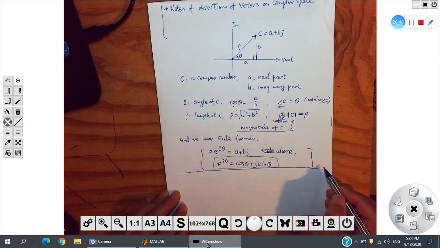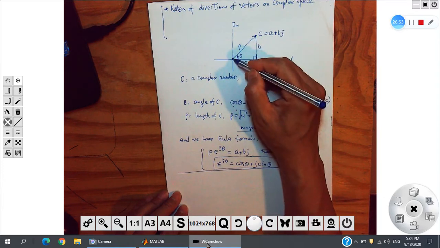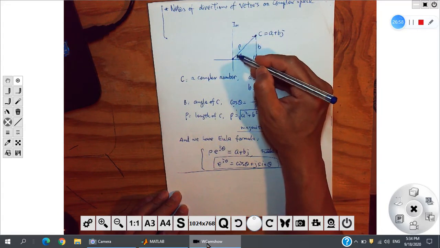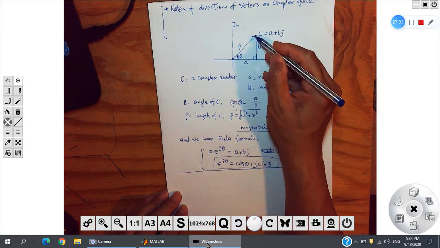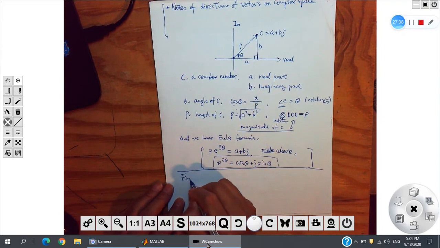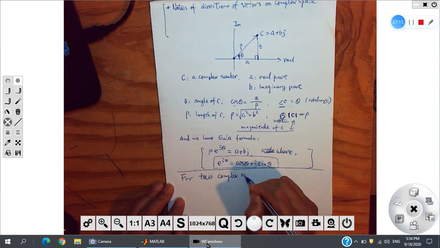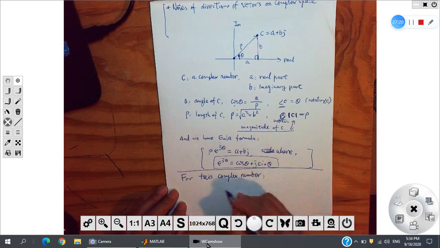Now we can describe this direction by this angle, right? This angle gives us a direction from the origin to this C. So this angle gives us a notation about this direction. Now we consider we have two complex numbers.